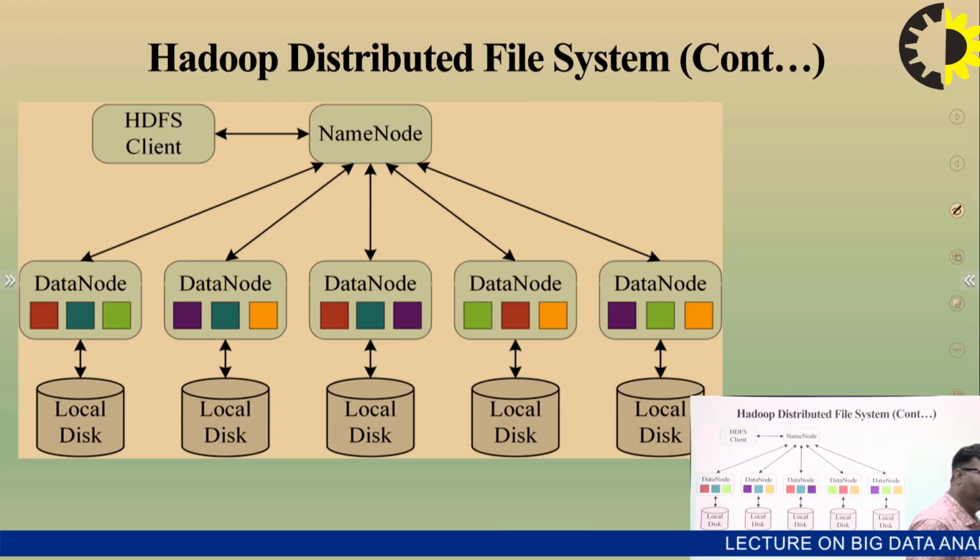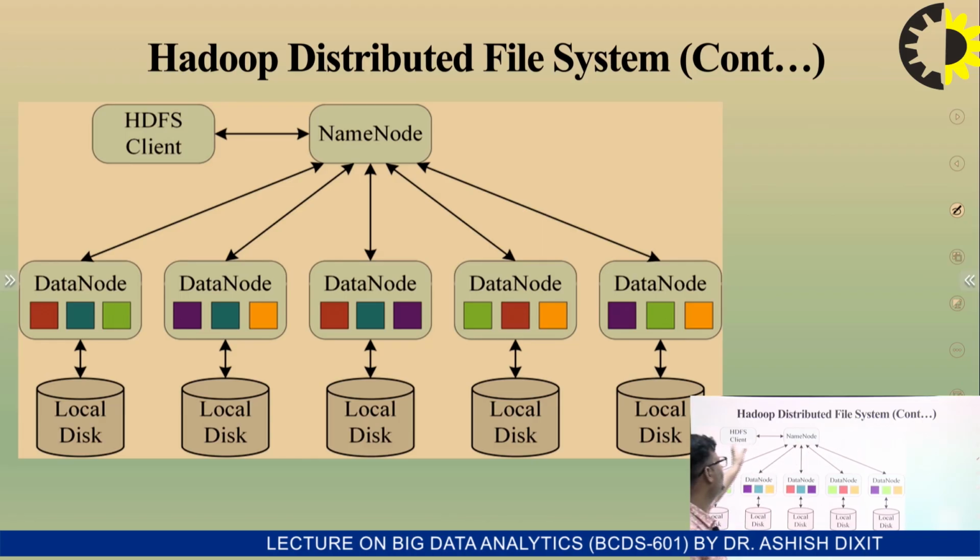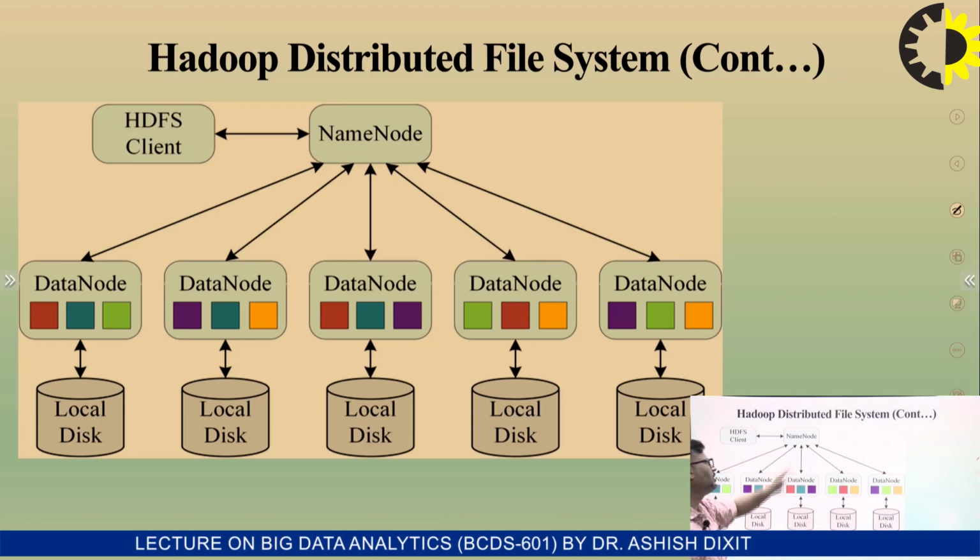A client sends a request to the name node to access the data from the local disk. So here, the name node communicates with the client and, after the request, the name node communicates with a data node.